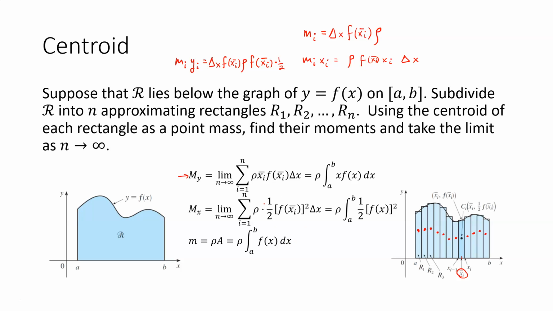So that gives us delta x times 1/2 f(x_i) squared times rho. Taking the sum of those gives us our moment M_x, and then taking the limit as n goes to infinity, we get the Riemann sum for the integral from a to b of 1/2 rho f(x) squared dx. And then the mass of the plate will just be rho times the area of the plate.